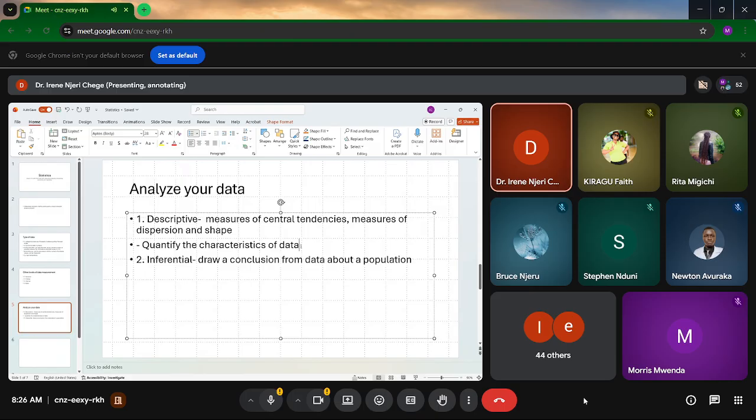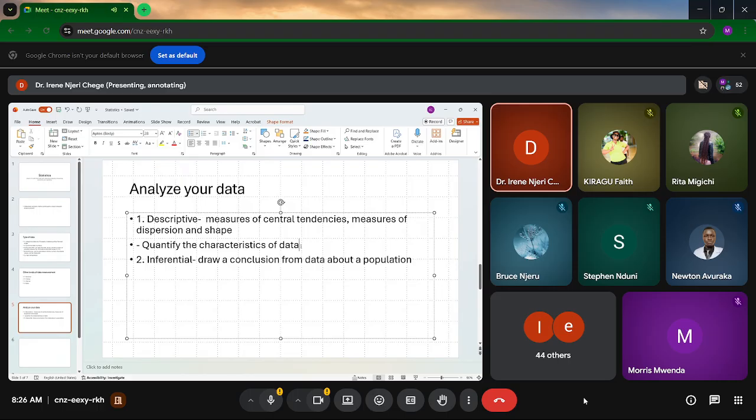So here we're using analysis tools. You select a sample, so analysis tools are used on a sample. And once you do that, you can then test a hypothesis, and then you can make a conclusion.